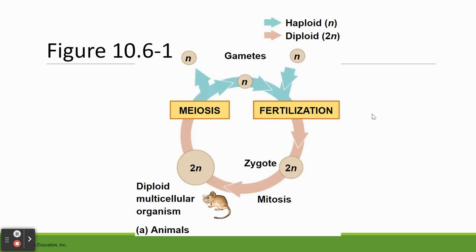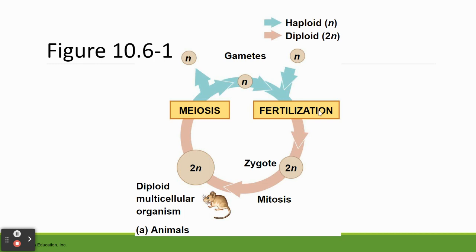This is just a picture to help you see the cycle. So there is a cycle. Meiosis is going to occur, and you're going to get a little N. N means haploid, okay? So during meiosis, you have gametes that are haploid, right? As soon as these two gametes come together, one N plus another N is going to equal 2N, right?